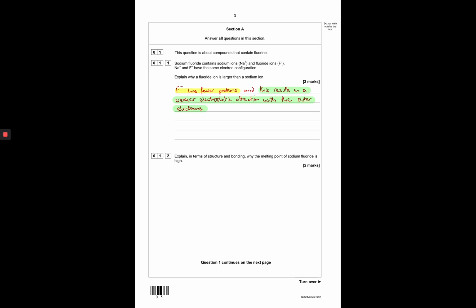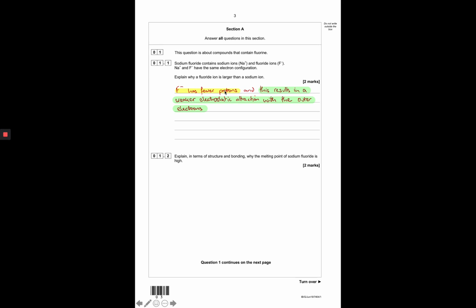The whole point about protons and electrons in chemistry is that they are opposite charges, and so we get an electrostatic attraction. Electrostatic attraction is a really, really important concept in chemistry, and what we're doing is comparing the relative electrostatic attraction between the nucleus and the outer electrons in sodium and fluoride ions.